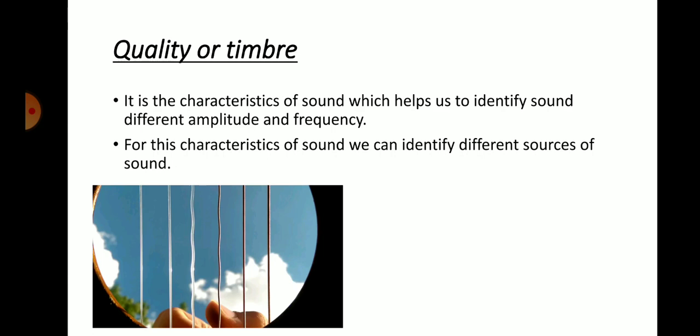So this also helps us to identify the different sources of sound. Suppose a tune is played by a guitar and a tune is played by a sitar, we can easily understand by closing our eyes which one is coming from the guitar and which one is coming from the sitar.